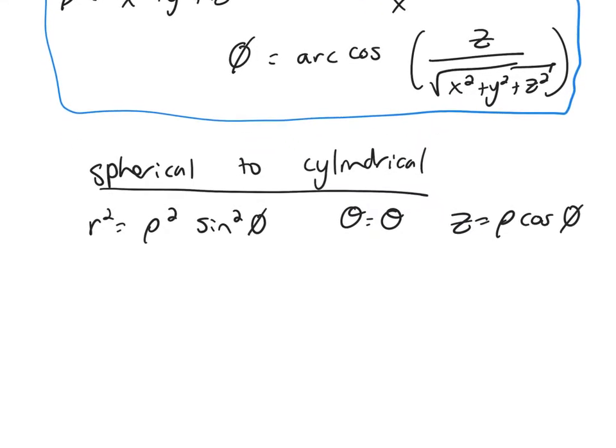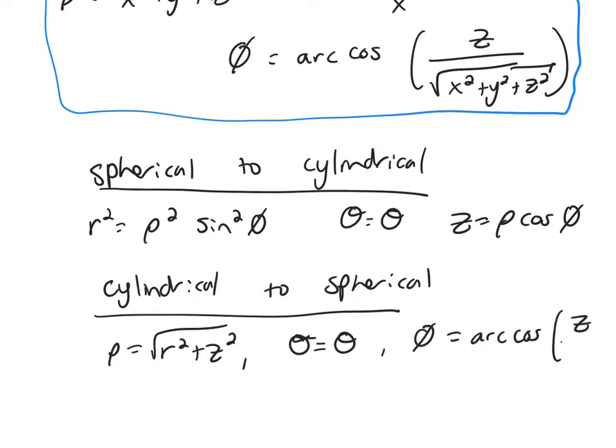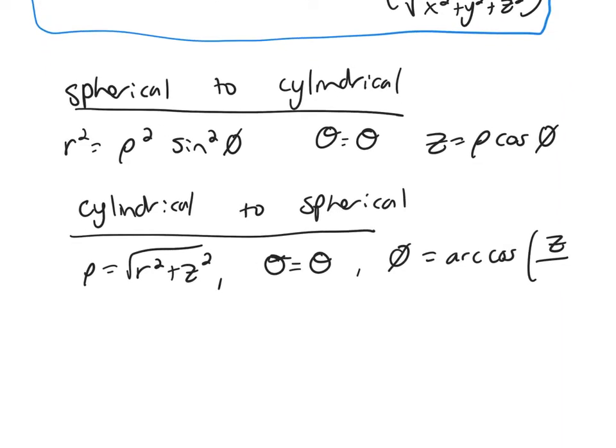And then switching the opposite way, cylindrical to spherical, rho would be the square root of r squared plus z squared. Theta would be the same in both. And phi would be the inverse cosine of z over the square root of r squared plus z squared.